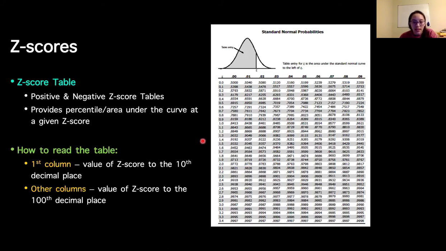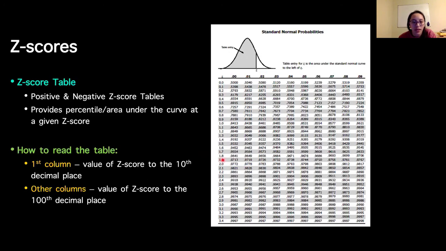Okay, so if we had a z-score of 1.82, that's saying we have some raw score that exists 1.82 standard deviations from the mean, or 1.82 z-scores from the mean. The way we would look that up on this table is we would say 1.8, and then go to 0, 1, 2, so I'm looking at this 0.02 up here.